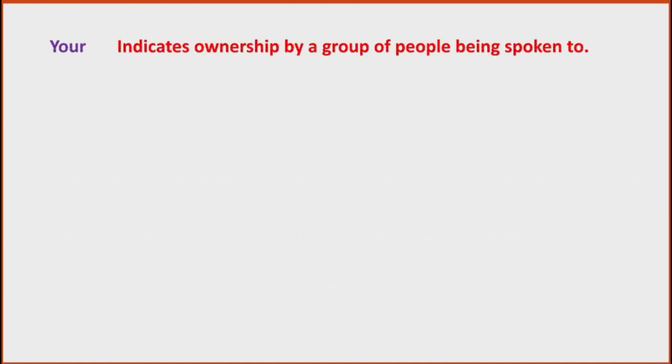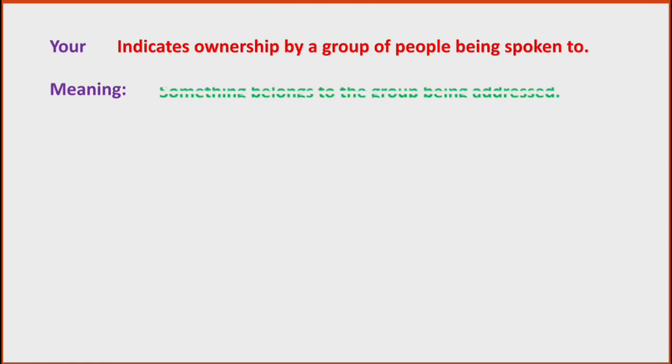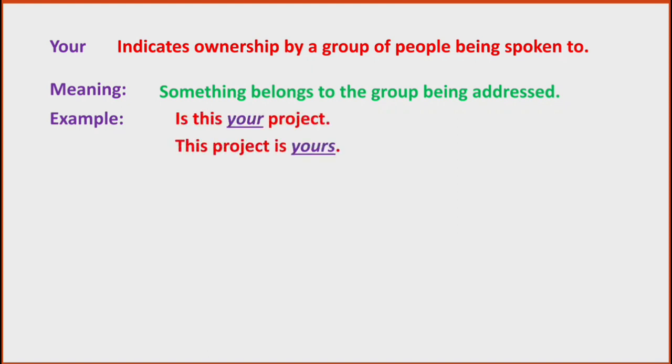Your indicates ownership by a group of people being spoken to, meaning something belongs to the group being addressed. Example, is this your project? This project is yours. Look at the difference between these two sentences. Is this your project? This is a possessive adjective.